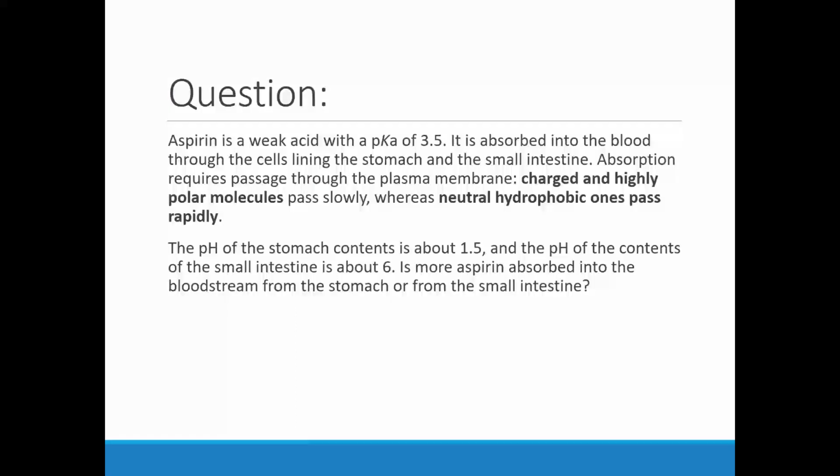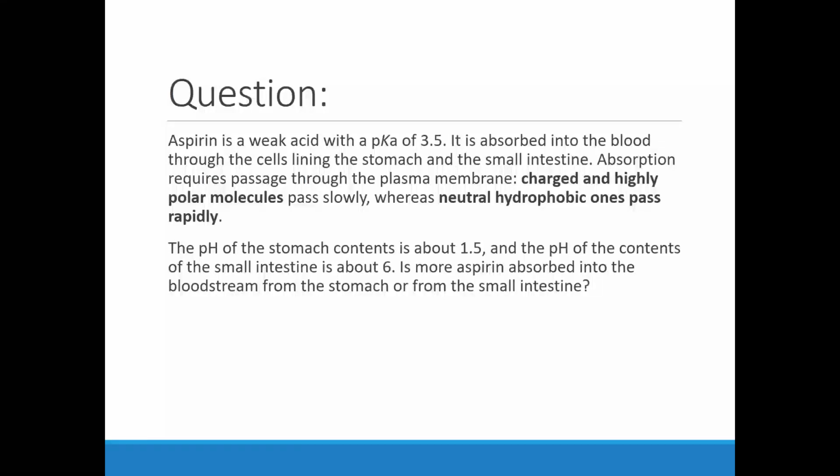it to go through a plasma membrane. Now, the thing about plasma membranes is something that is charged or highly polar does not pass through it very well. That's because plasma membranes are made of lipids. But things that are neutral or hydrophobic pass very easily.